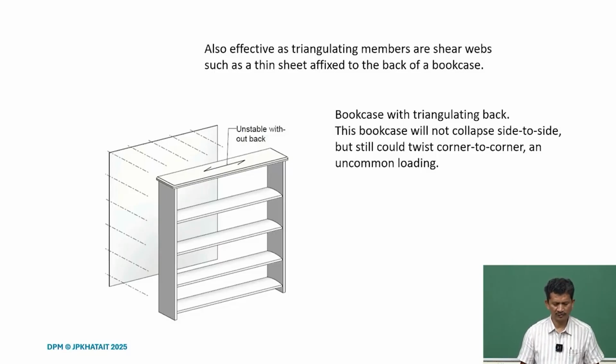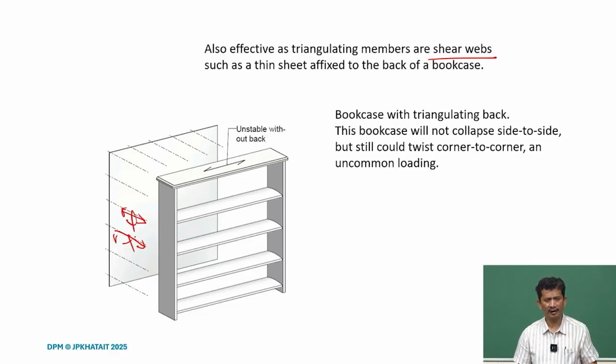Another way to resolve this kind of problem is to use shear planes or shear walls. This also provides that triangulation, because they cannot deform diagonally. So it provides that constraint. But the idea is they should be part of the structure.